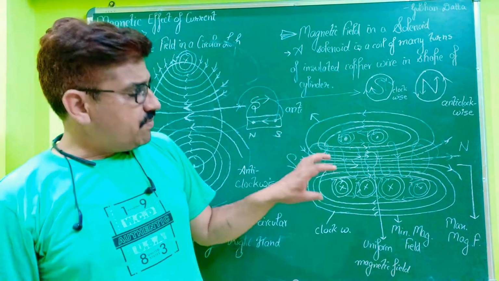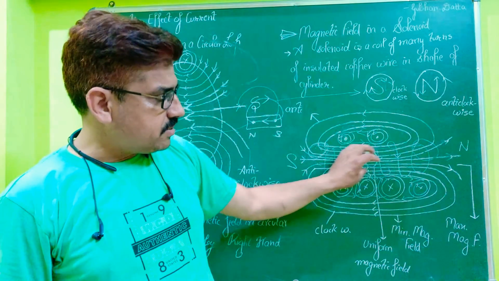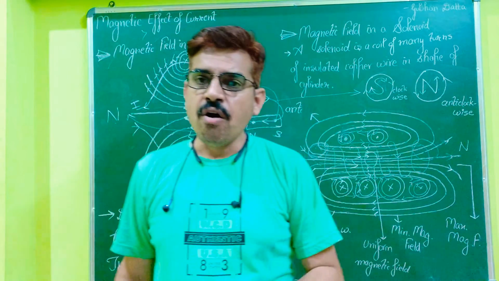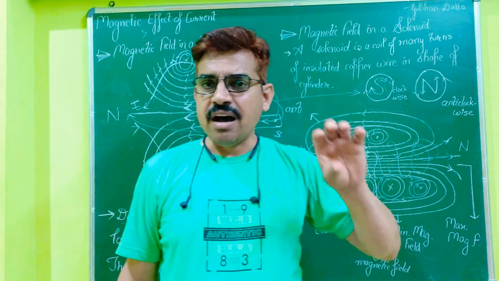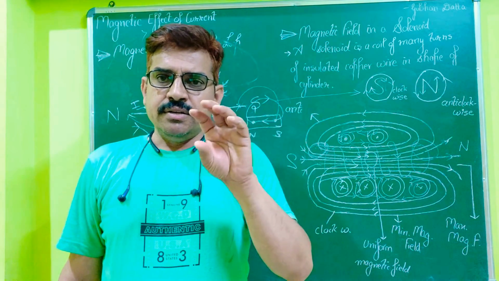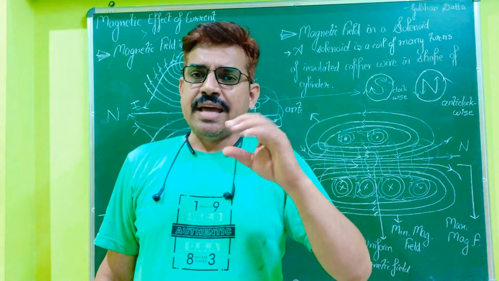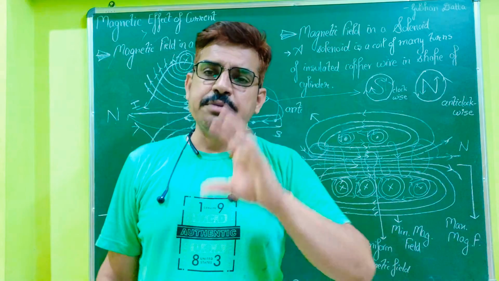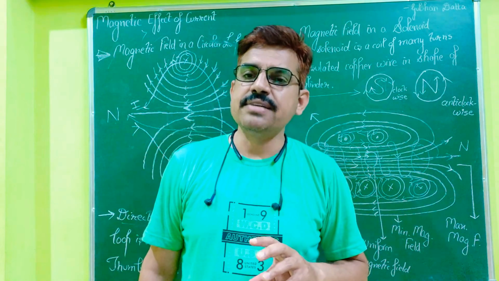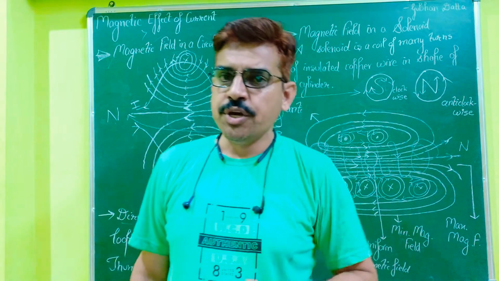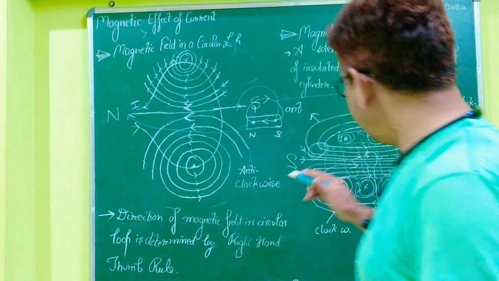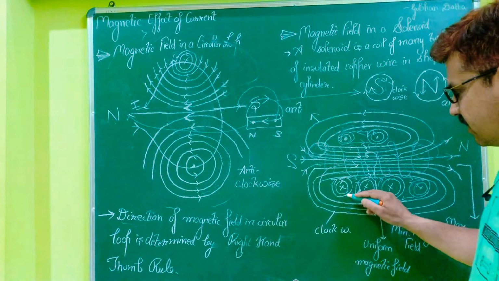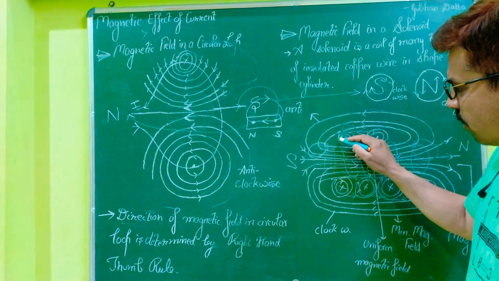And one more thing, if we see the central part of the solenoid, all the magnetic field lines are very close to each other and equidistant, so that is why the magnetic field inside the solenoid is almost uniform.